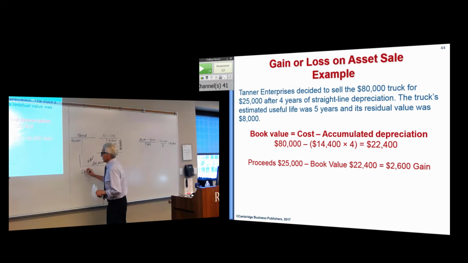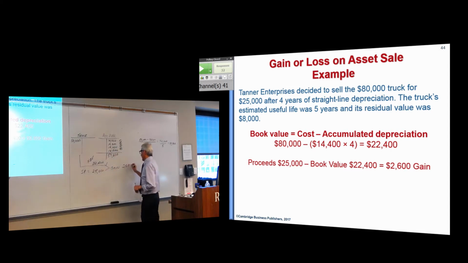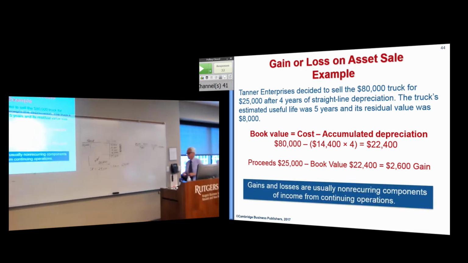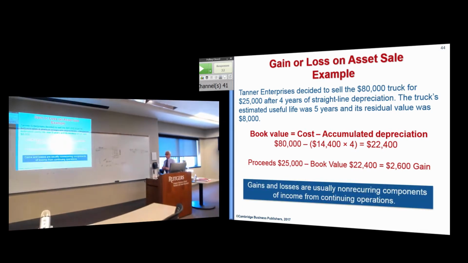If the selling price is 25,000, there's a gain on the sale of 2.6. So if you sell the asset for 25 with a book value of 22.4, the gain is 2,600.